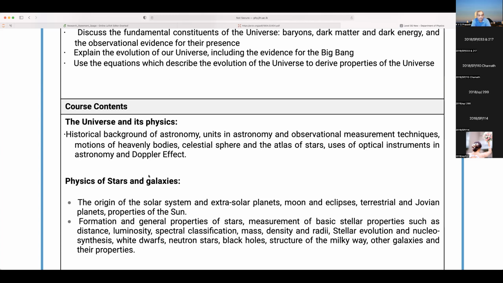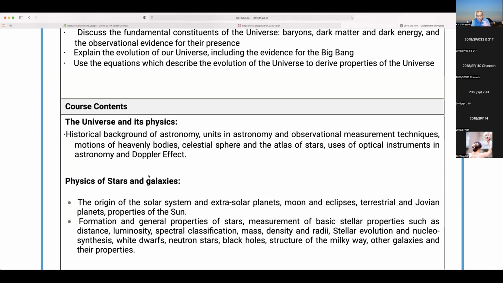And then next we will move on to the properties of the stars, and how you can measure the properties of the stars, and how you classify stars based on their properties, and how we can measure the distance to a star, and about the spectral classification of stars, and other relations like mass, density, those kinds of things, right?